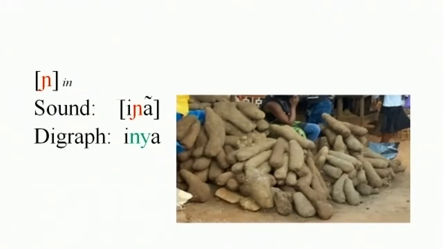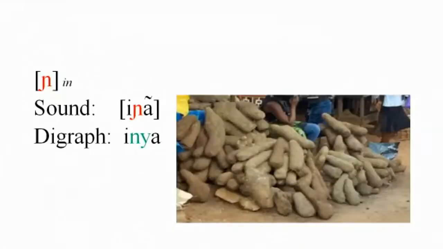Otherwise, your orthographic system is incomplete and inaccurate. So the NY, which is also used by Hans Melchior in 1937, is what should be used. Because currently, people write Inya as I-Y-A-N, and that is incorrect, orthographically and phonetically. We are going to see that.